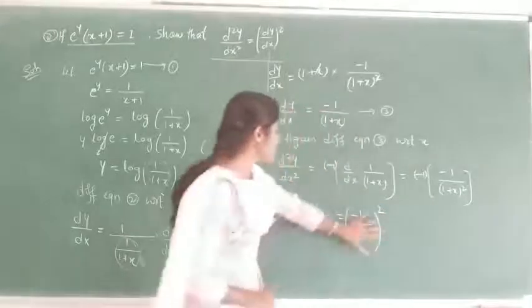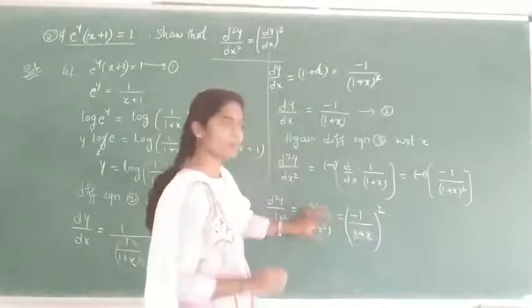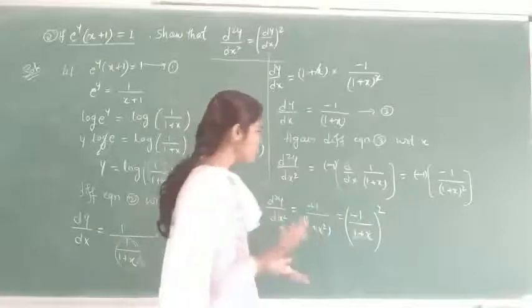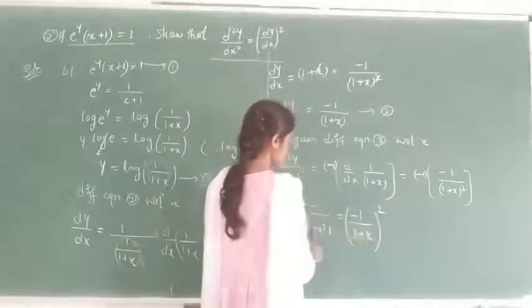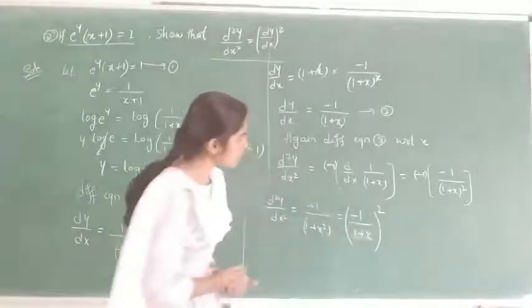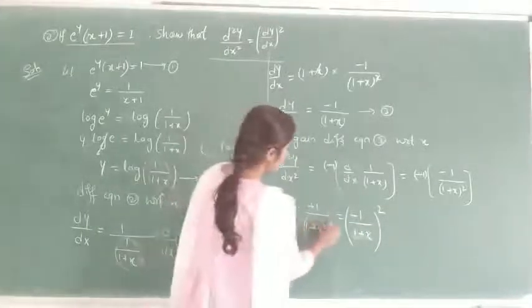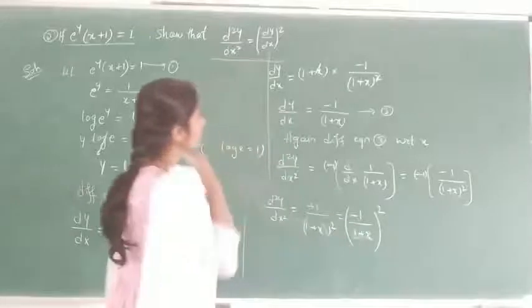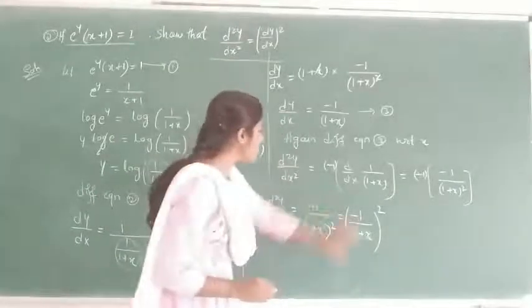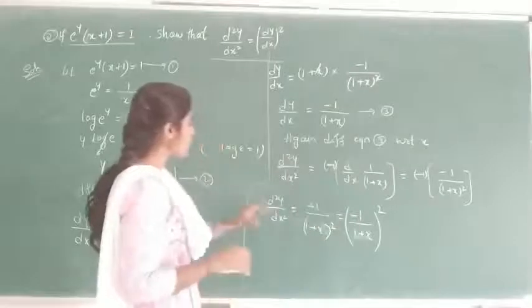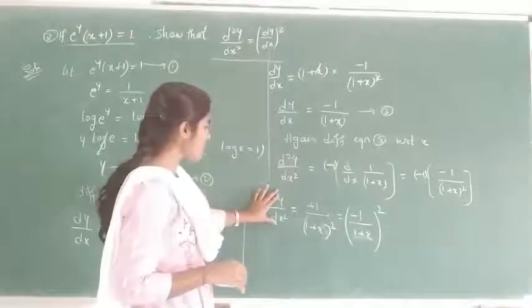Are both equal? Yes, definitely. Minus 1 square is plus 1, and 1 plus x whole square is the same. So both are the same. So this is d square y by dx square.